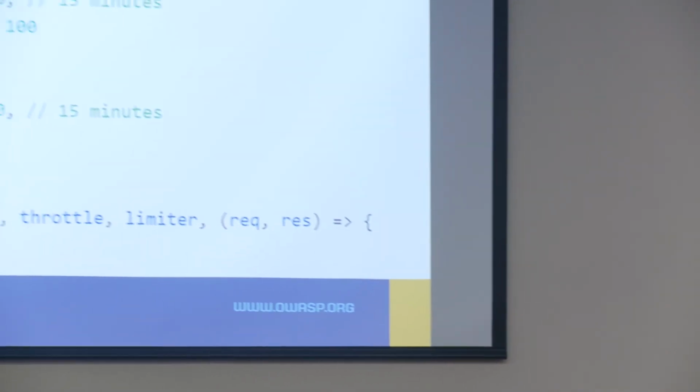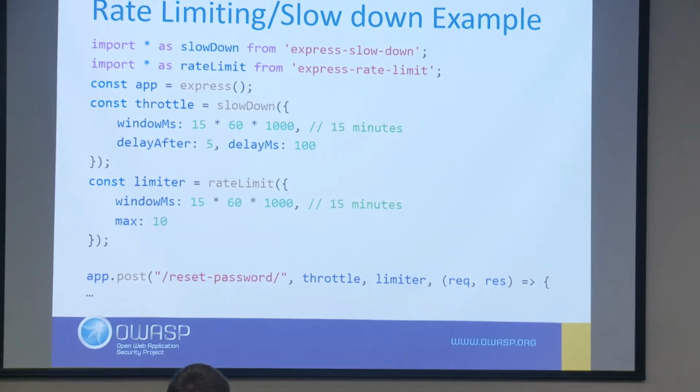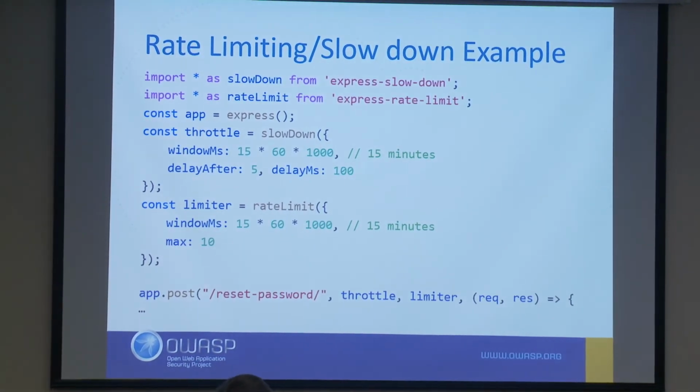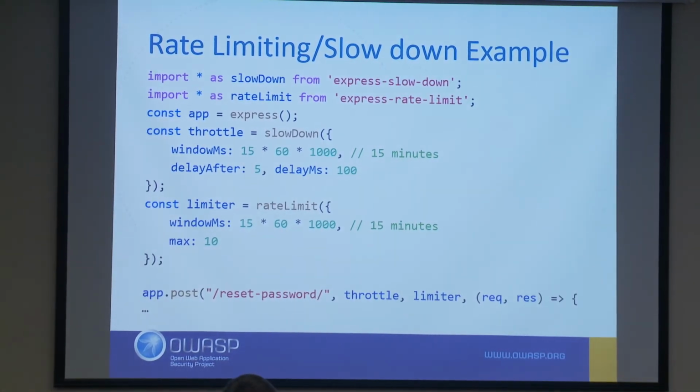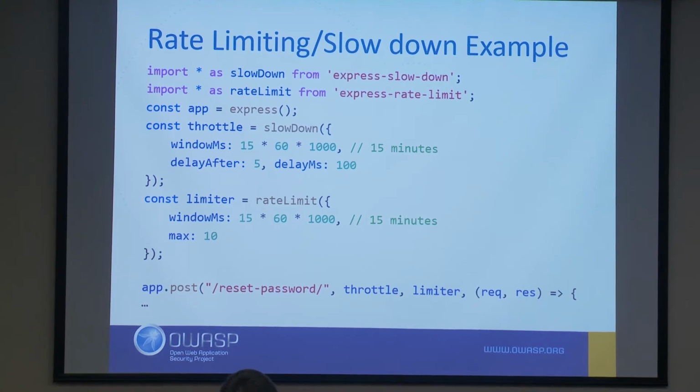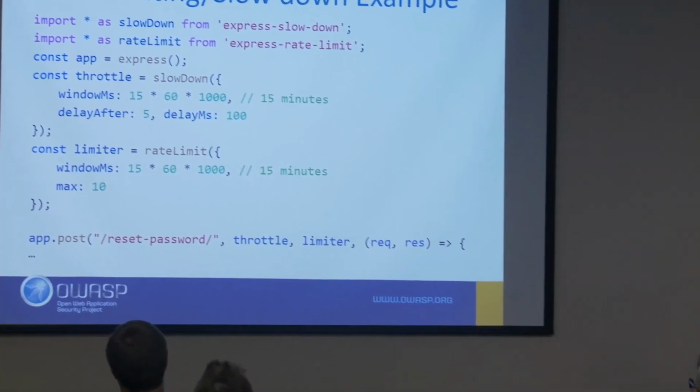Here we have an example of throttling and rate limiting being used at the same time. We create a slowdown configuration that allows 5 requests in a 15-minute window, after which a 100 millisecond delay is added, which means the 6th request would take a 100 millisecond delay, the 7th 200, the 8th 300, etc. And then we create a rate limiting configuration that only allows 10 requests in a 15-minute window.